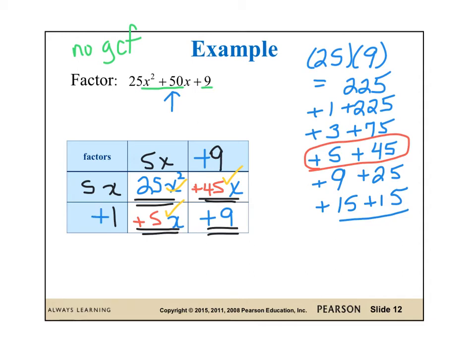And then our last check is positive 1 times positive 9 is in fact positive 9. And so our answer is 5x plus 1 times 5x plus 9. So this one is here as a warning. Don't always assume that the one-trick pony will be your friend.